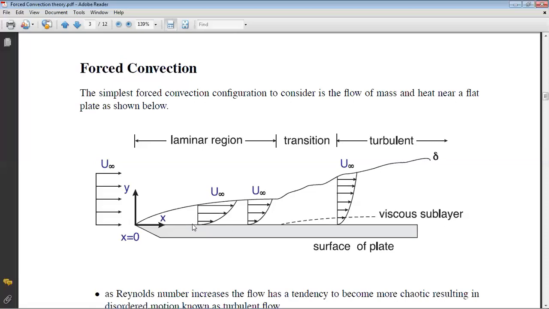Now, if you take the vertical distance up to which you can see the viscous effect, that vertical distance is called the boundary layer thickness. In other words, it can also be defined as the distance where you get the velocity which is equal to 99% of the mainstream velocity.